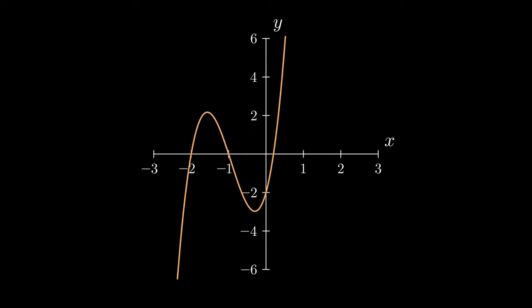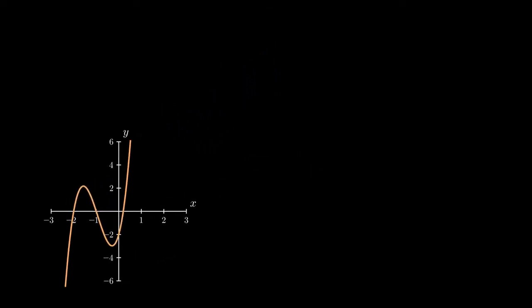And in this case, they told us that there's 3 roots. So it's basically going to look something like that. If the coefficient in front of the x cubed is positive, it's going to start below the x-axis, and then it's going to end up above it.